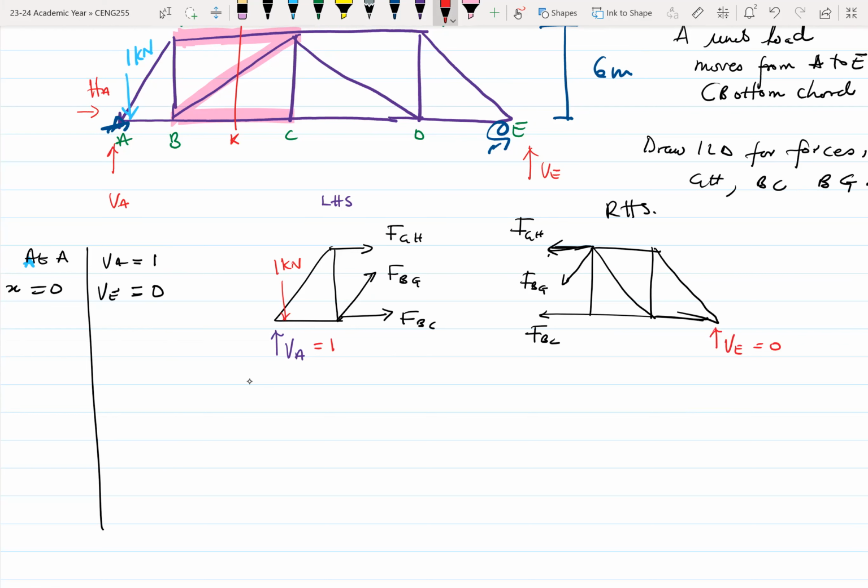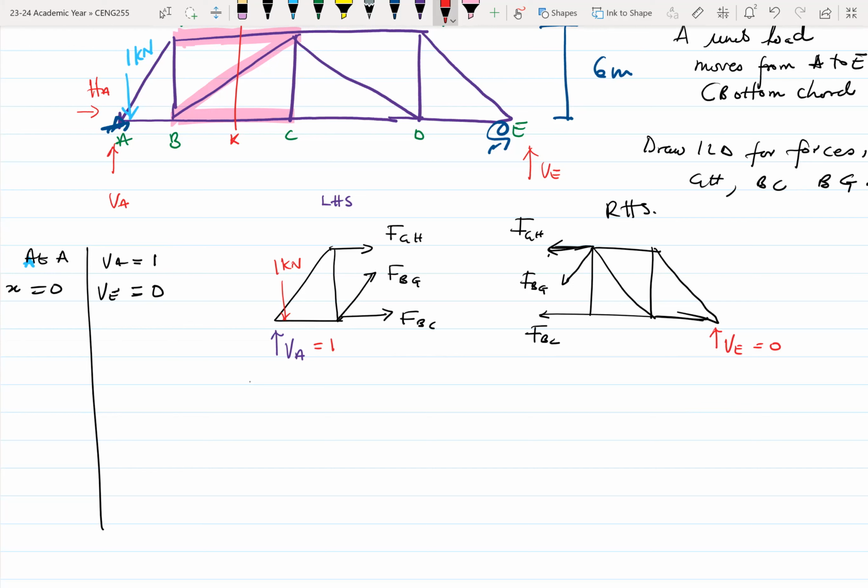You can decide to use either the right-hand side or the left-hand side to solve this problem. It's entirely up to you. Usually, from experience or even from books, you will be told that it's easier to use the side that does not have the unit load.